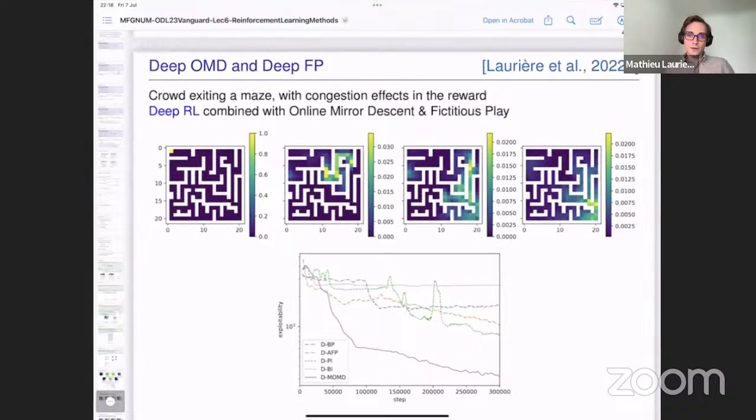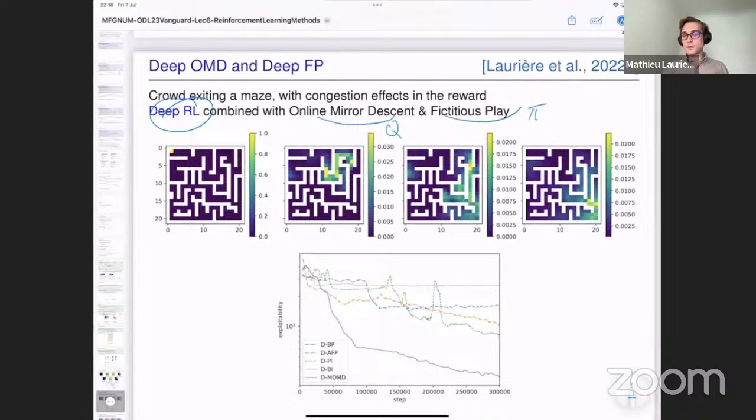A slightly bigger experiment with a maze. And this one is solved using deep reinforcement learning. So we wrote a version of online mirror descent and a version of fictitious play where the updates of the Q function, so for online mirror descent, we need to update the Q function. Here we need to update the policy by computing a best response.